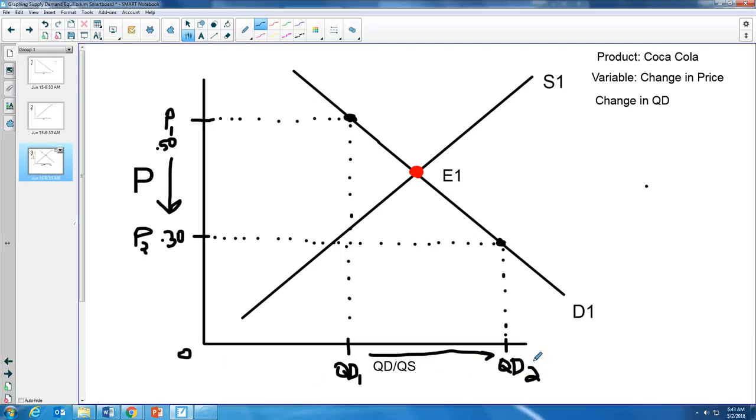The last thing you of course have to fill out is what happens to price, and because equilibrium stays the same, the equilibrium price is the same. What happened was we had excess price here causing excess supply, and when you drop down to here, we're below equilibrium, which is going to cause excess demand or a shortage eventually.